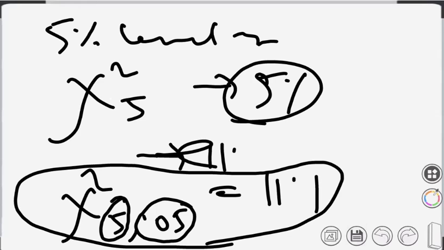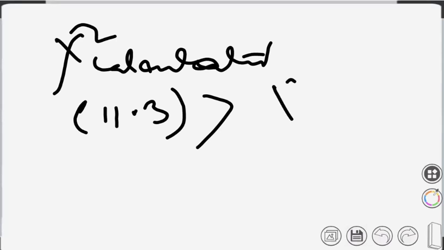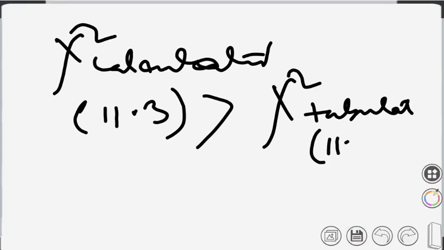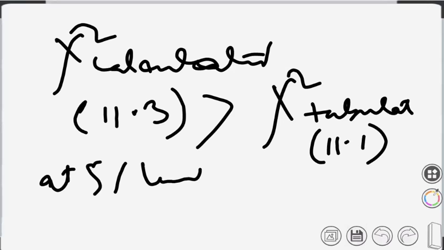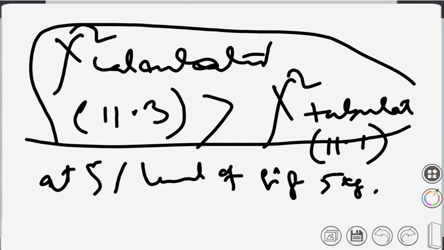So we'll write this way: chi square calculated, that is 11.3, is greater than chi square tabulated, that is 11.1, at 5% level of significance with 5 degrees of freedom. Hence the null hypothesis is rejected.